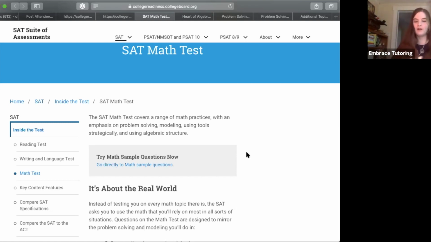But this is actually chapter 15 in your textbook for any of you who have it. And it just goes through the different sections. So you're dealing with the math section.